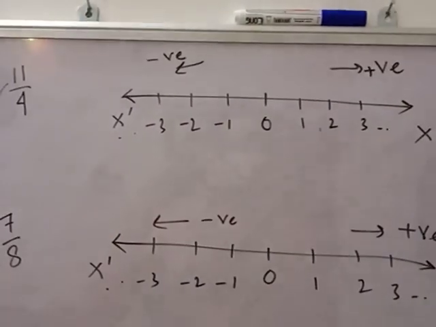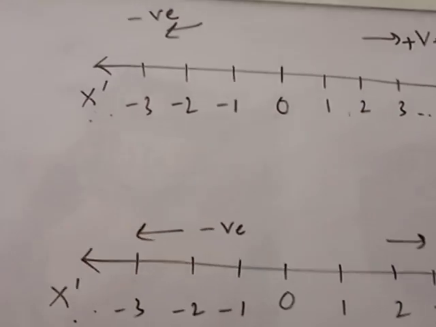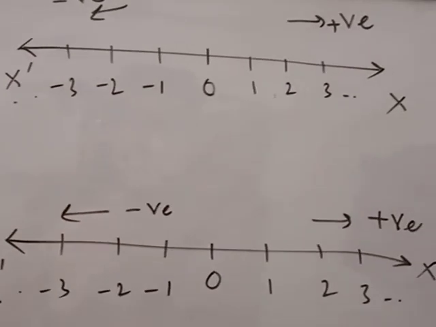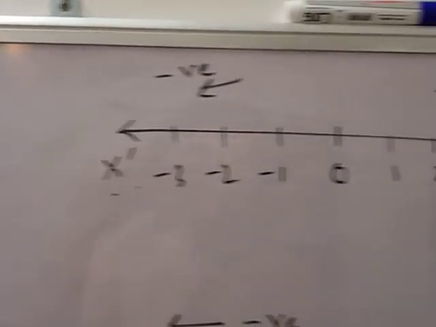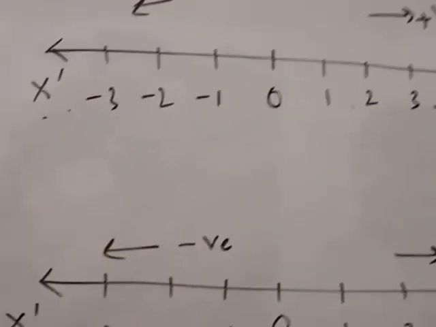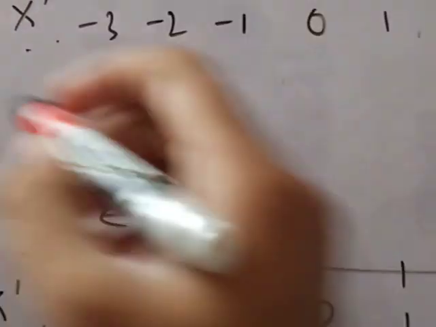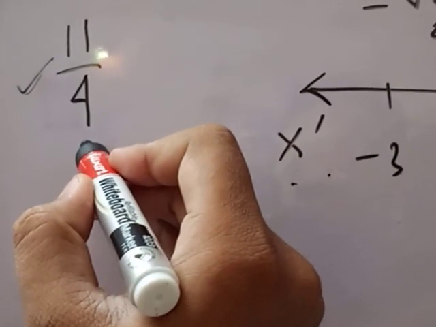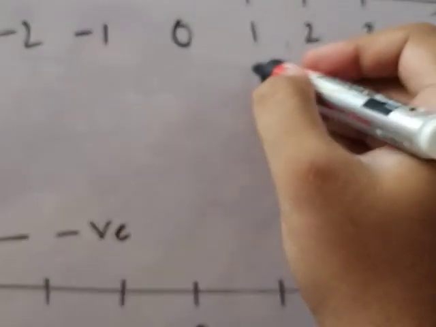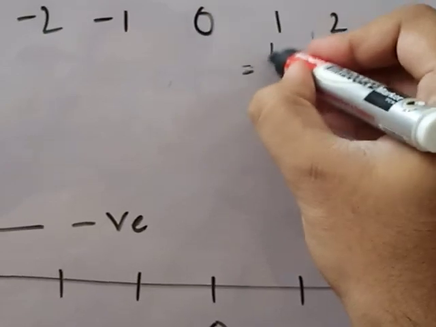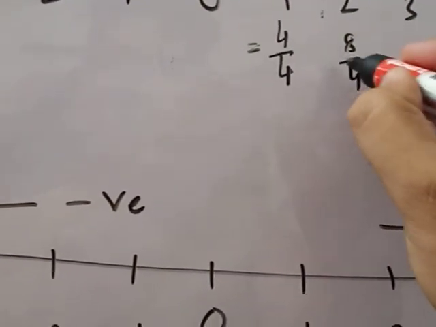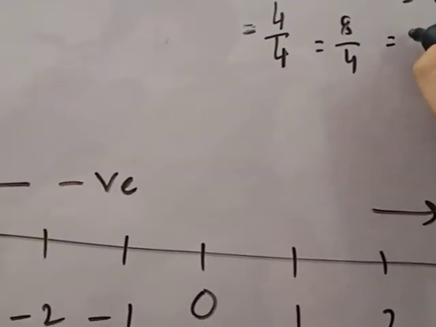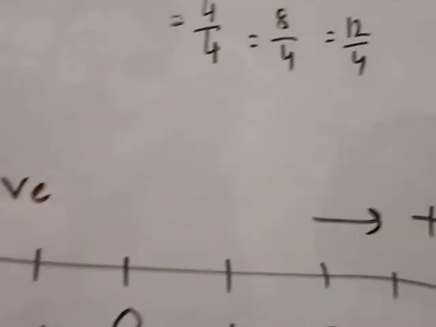So the next example is 11 by 4. In the 11 by 4, firstly see the denominator. What is the denominator? 4. So now express 1, that is 4 by 4. 2 means 8 by 4. And 3 means 12 by 4.